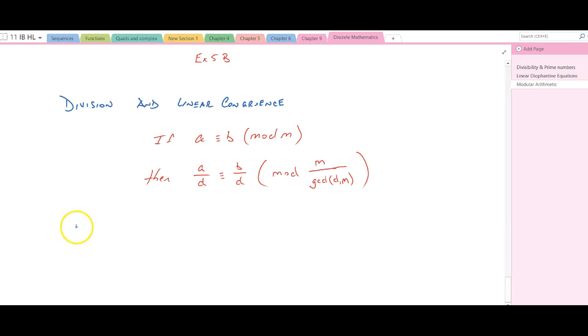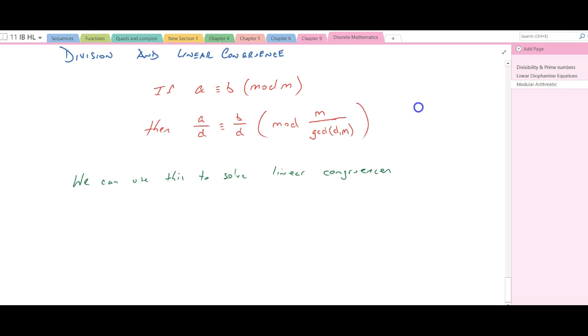We can use this to solve linear congruences. That's what they're called, right? So that's the language. So let's have a look at an example.